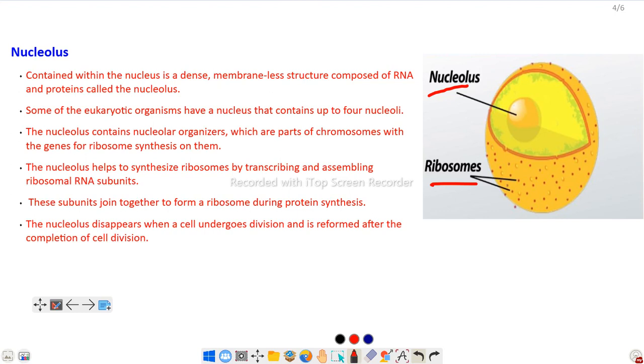These subunits join together to form a ribosome during protein synthesis. The nucleolus disappears when a cell undergoes division and is reformed after the completion of cell division. Once the cell division is complete, the nucleolus appears again inside the nucleus.